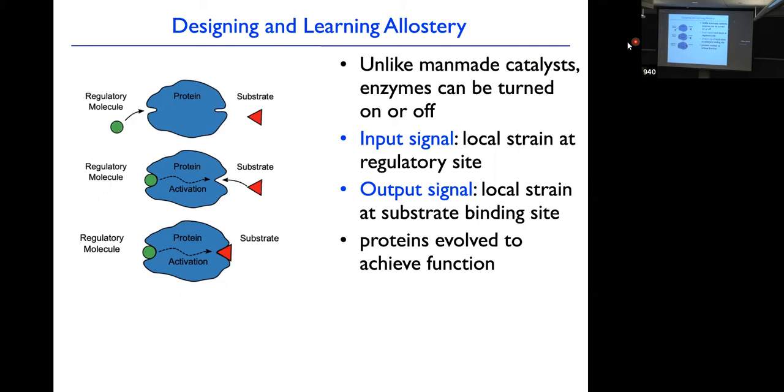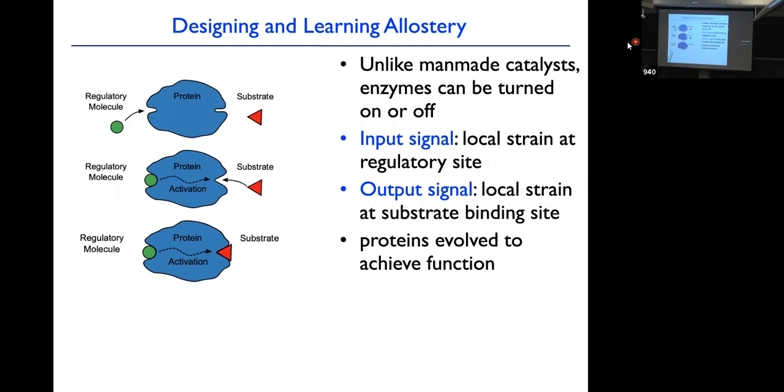So what is allostery? I was talking about tuning Poisson ratio. I'm now talking about tuning another thing, which is allostery. This is something that a lot of proteins have. The idea is, for example, enzymes.